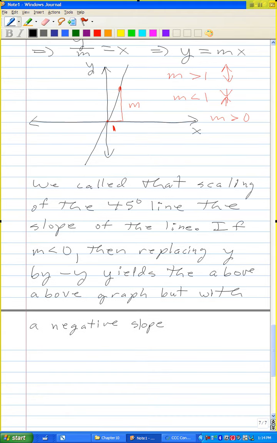So if I just reflect about, maybe I'll just put it in yellow or something. You can barely see that, but if I reflected about the x-axis, then if I replace y by negative y, I'd reflect about the x-axis, and that would just give us the same sort of thing, but now the slope would be going in what we would normally call a negative direction. It'd have a negative slope.